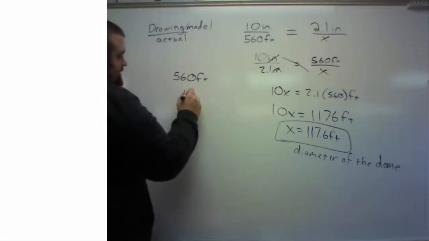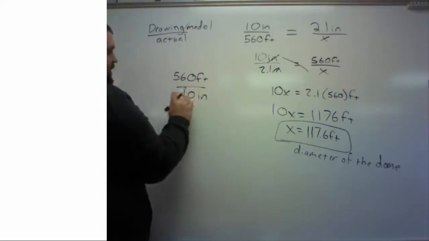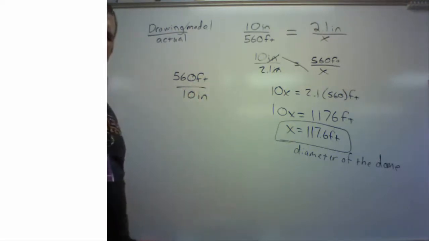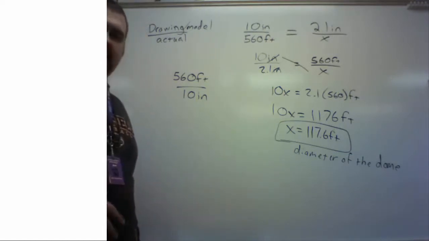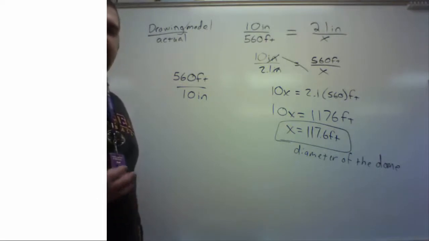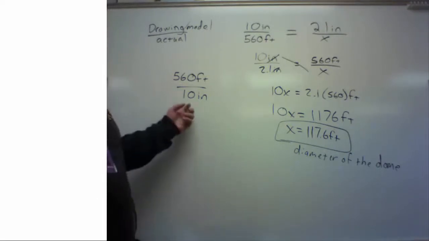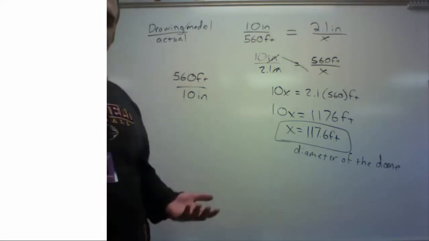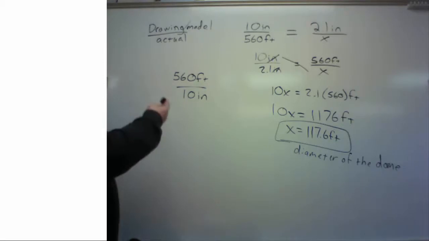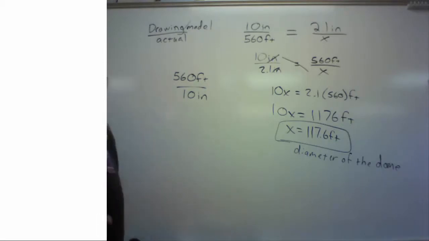The height of my model is 10 inches. And the reason I'm going this way here is because I'm looking for how many times. If I do it this way, I'm going to actually get a whole number, or at least a number that's larger than 1. And what that means is it'll actually tell me how many times larger the actual building is compared to my model. In this case, I will have to convert it to inches.